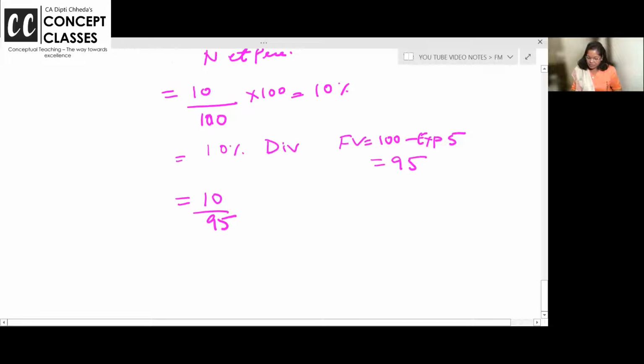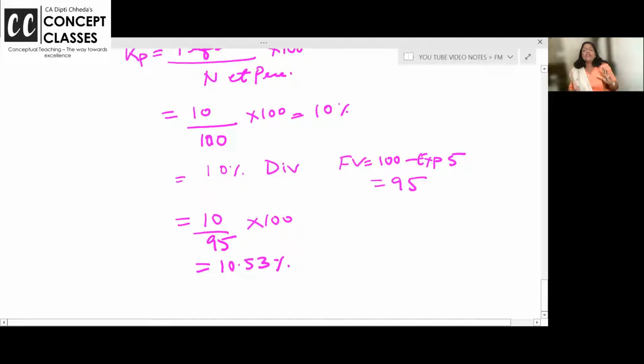So what is going to be my out of pocket cost? 10 divided by 95 into 100, 10.53%. Take your time, understand the logic. If I give you 10 rupees dividend and you are giving me 100 to use, it's 10%. But if I am giving you 10 rupees dividend, but you are giving me only 95 to use, then my cost is going to be 10.53%.